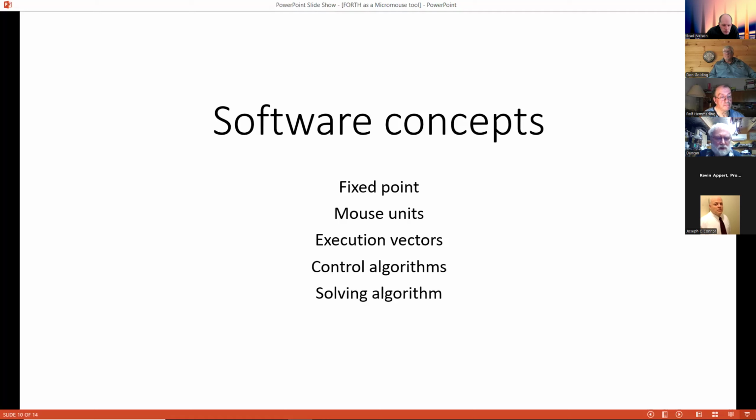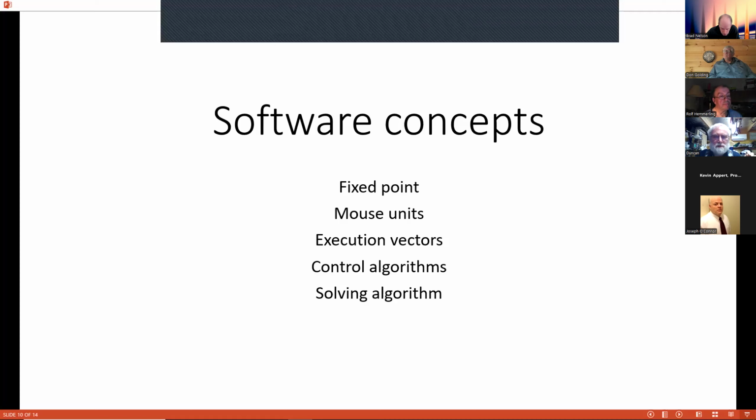Something that comes up all the time, over and over again, is switching between mouse relative and maze relative coordinates. So for example, the mouse's left wall, the wall on the left side of the mouse, might correspond to a north wall, an east wall, etc. in the actual maze, depending on which way the mouse is pointing.